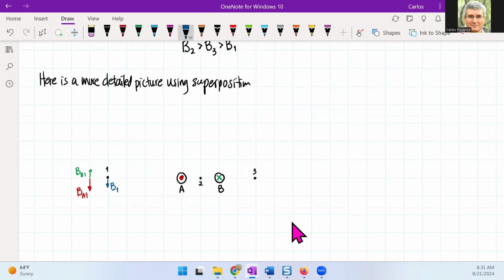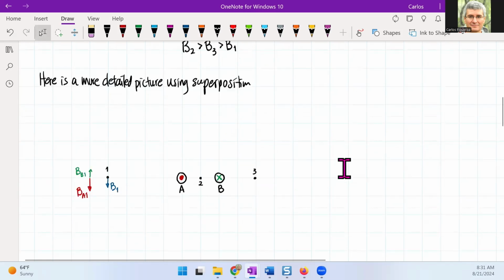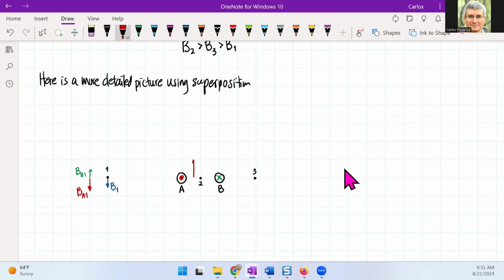Now, if I'm looking at the magnetic field of 2, as we saw up here, the fields are in both directions adding together. So superposition then says something like this. I'm going to get a field that's going to be, let's say, this big. Nope, I'm going to make that bigger.